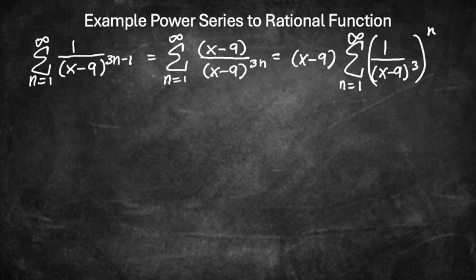Now we're almost there. In order for us to rewrite this so that it's a geometric series, it has to either start with n equals 0 and have an exponent of n, or if it starts at n equals 1, then the exponent needs to be n minus 1.